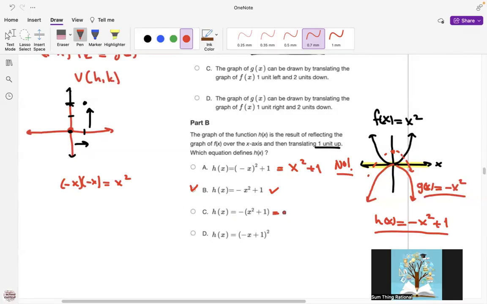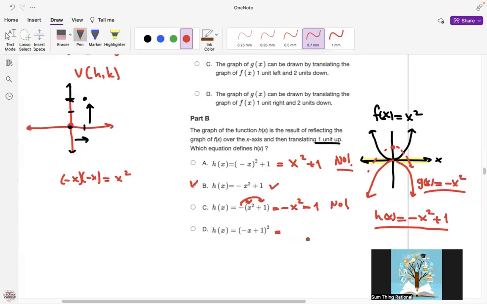The negative in front of the parentheses becomes negative x squared, and this negative affects both terms, so negative x squared, negative 1, which means reflection over the x-axis and 1 unit down, not 1 unit up. So it is no. This one is (negative x plus 1) whole squared. It is totally different from what we are looking for.